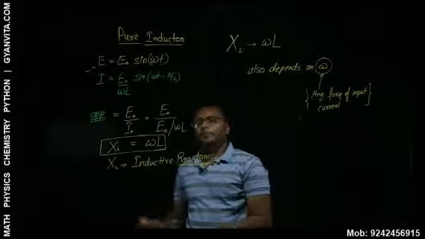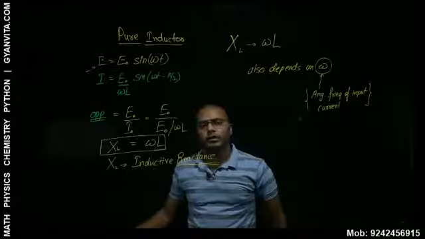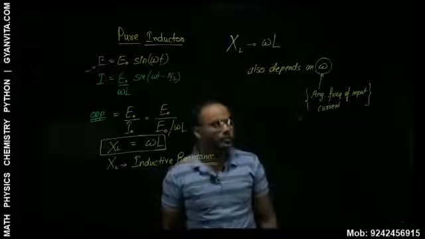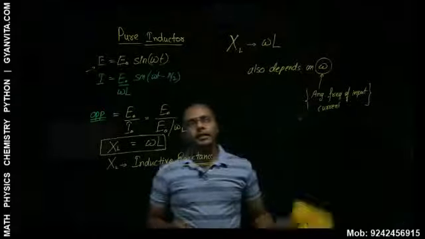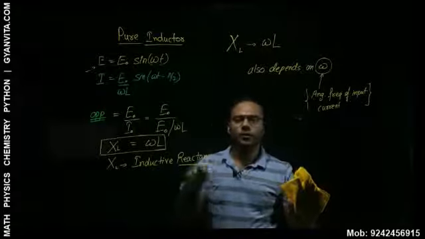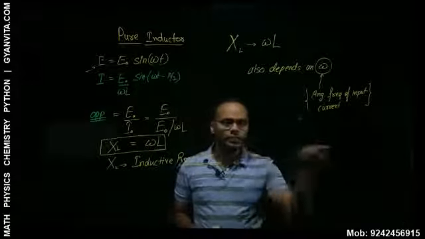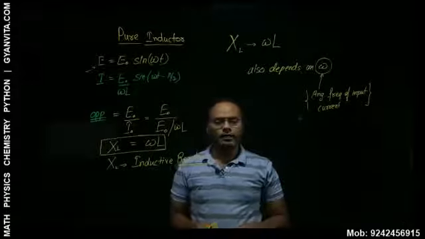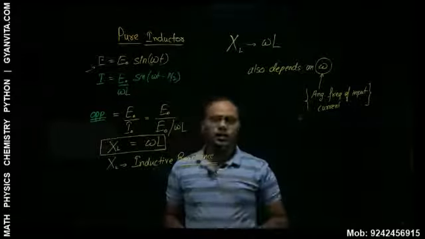Obviously, if you increase the frequency omega, XL will also increase, that is, opposition will also increase. So inductive reactance in inductors increases with increase in frequency. If the frequency is zero, that means it is not changing, it is a steady current, no longer an AC but DC.